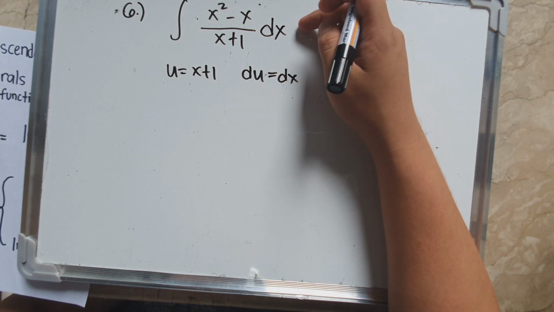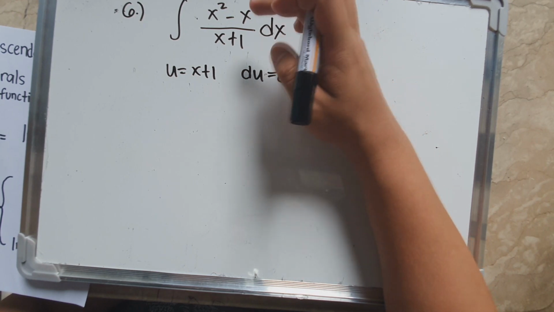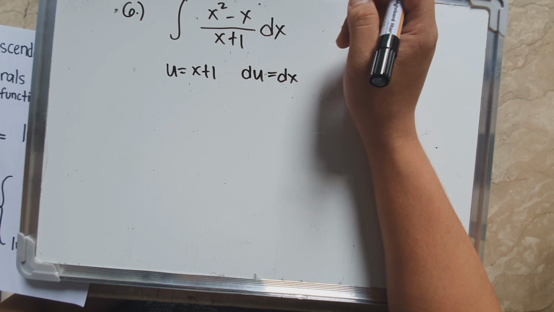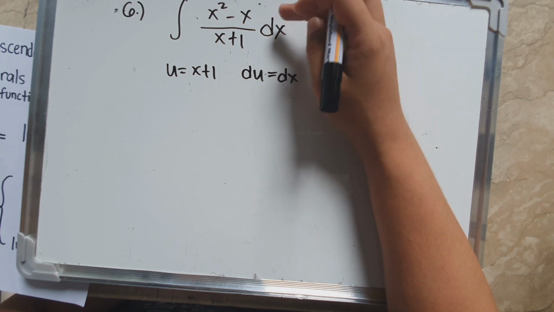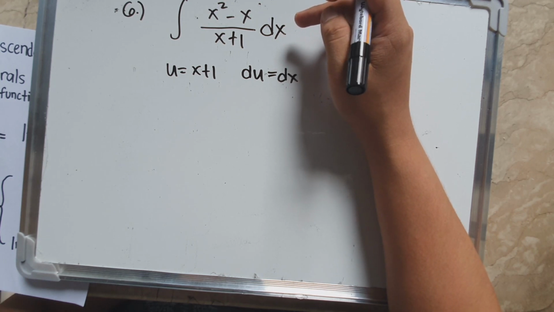Now notice for our numerator side, we only have dx, and what's the purpose of x squared minus x? So apparently we don't have a relationship between our numerator and denominator for us to use the logarithmic integrals.